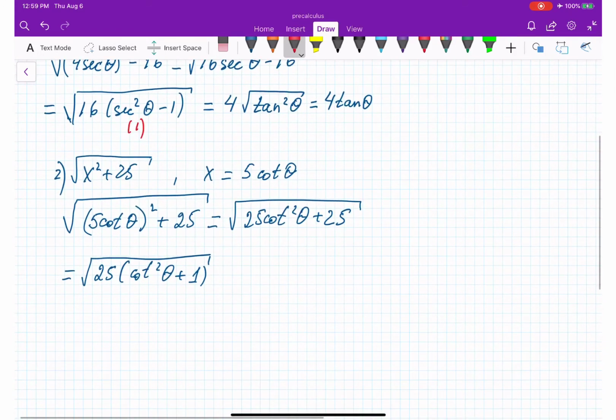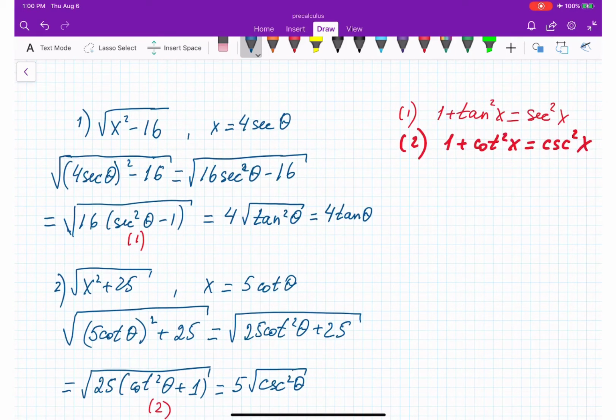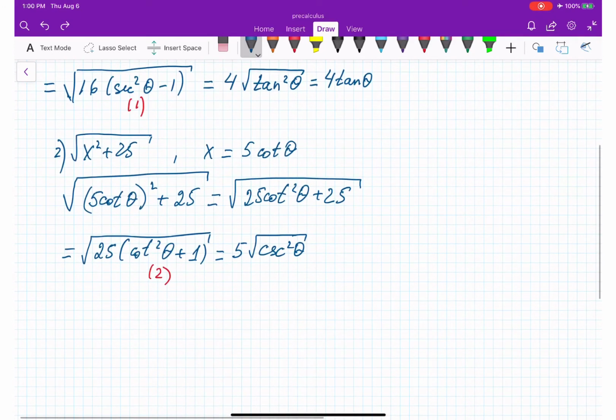So we are applying formula 2, and the square root of 25 is 5, and underneath we get cosecant square theta. The answer will be 5 cosecant theta.